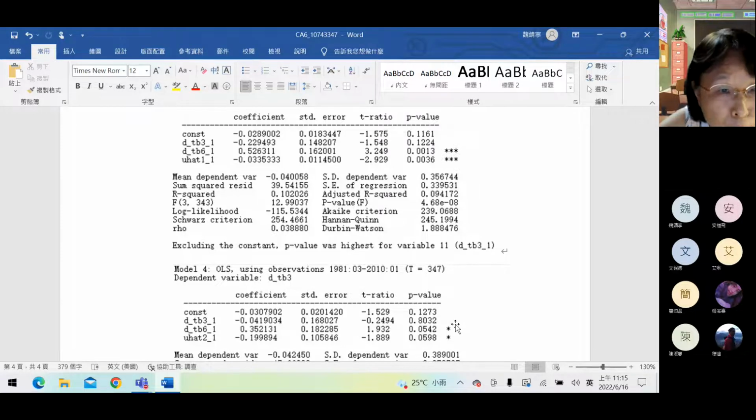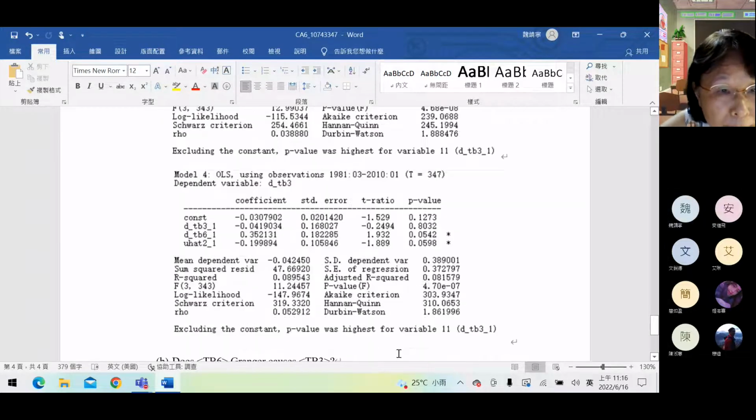So you need to do the joint test, not just look at the p-values. For your model 4, the dependent variable is TB3, and the first lag of the difference of TB6 and also the first lag of the error term are all significant. And I think the joint test is significant, I believe.